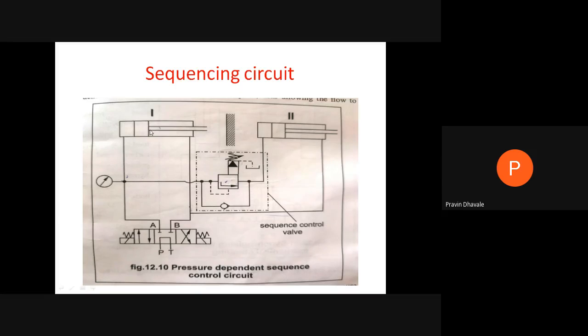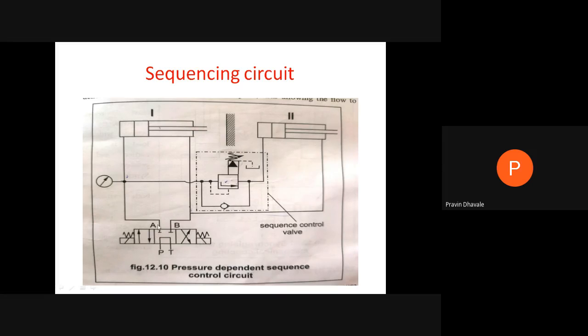In this diagram, we see there are two cylinders, both double acting cylinders. After completion of the first stroke or first operation by the first cylinder, only then does the fluid go to the second cylinder. When the first operation is complete, this piston is at the outermost position.